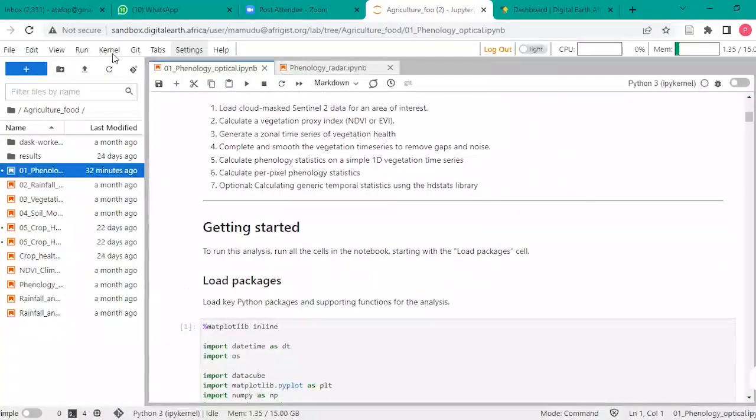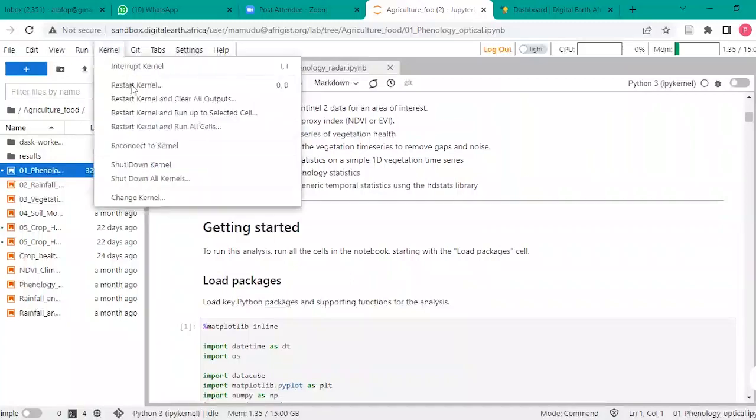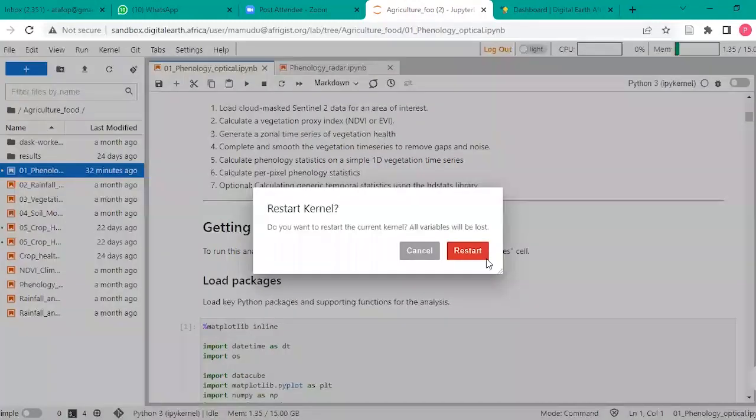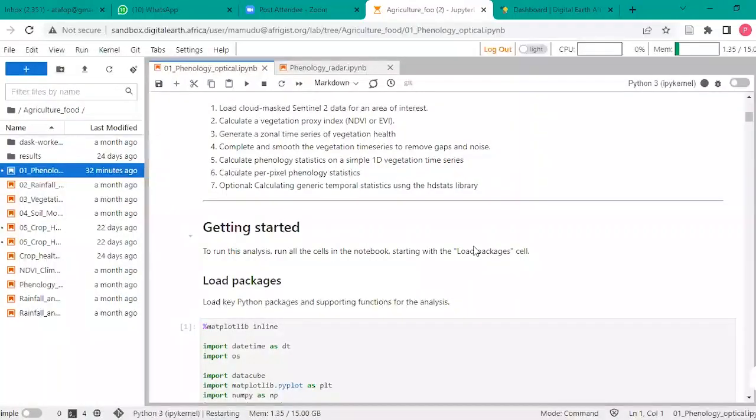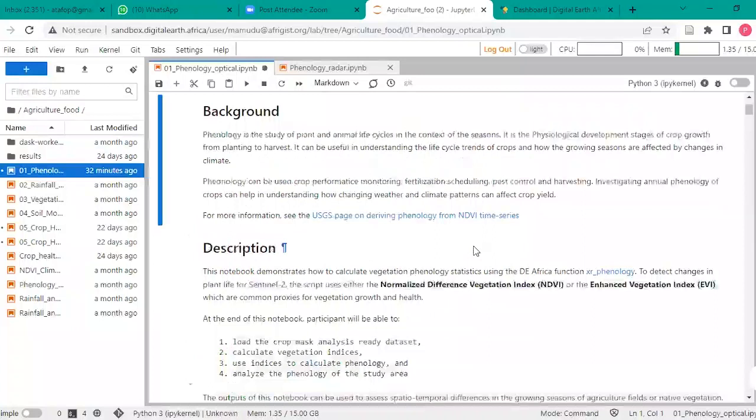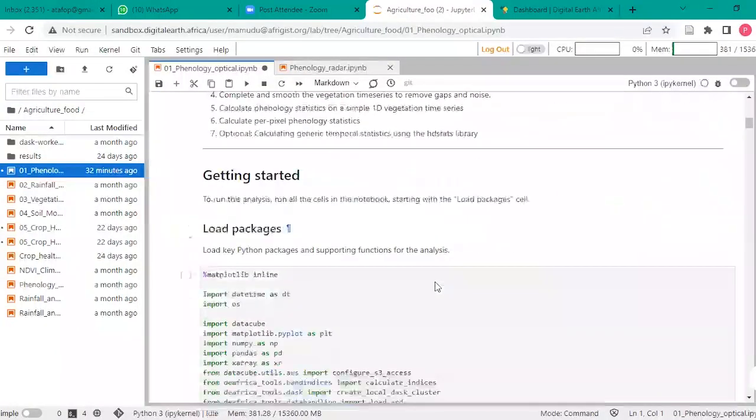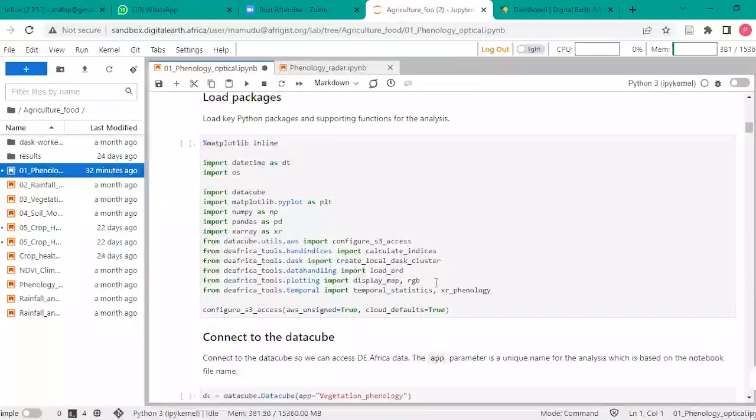Okay, to start, first of all, I'm going to clear all outputs from my kernel and restart it. So the first thing we're going to do is to load in the data sets that we're going to make use of for this analysis.